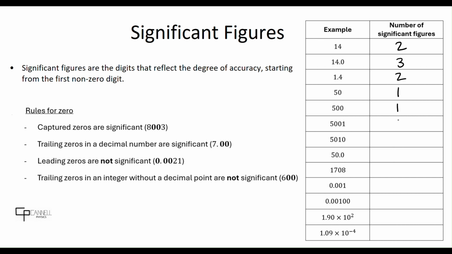But now 5001, we've got captured zeros, so those are significant again. So that's 4 sig figs. 5010, that is 3 sig figs. That last zero is not significant, again rule number 4, but the captured zero there is significant, which is rule number 1. 50.0, all are significant there with the decimal.